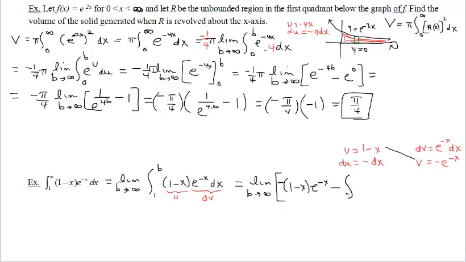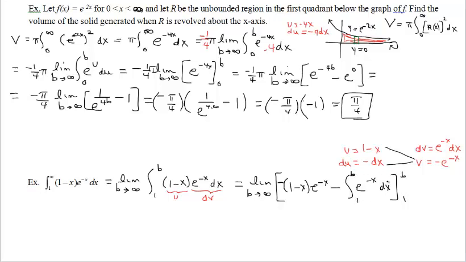Minus the integral of voodoo. Okay, so when I multiply these two, I'm going to get a positive e to the negative x dx. And I need to evaluate all of this from 1 to b. And those are the limits here as well.